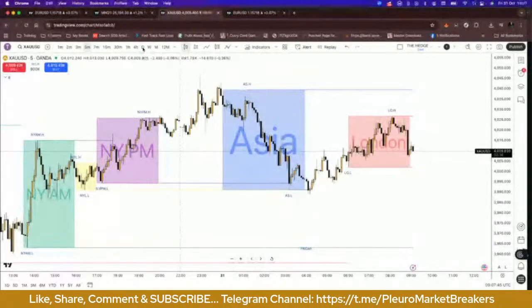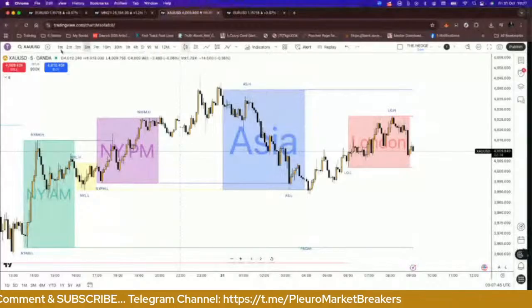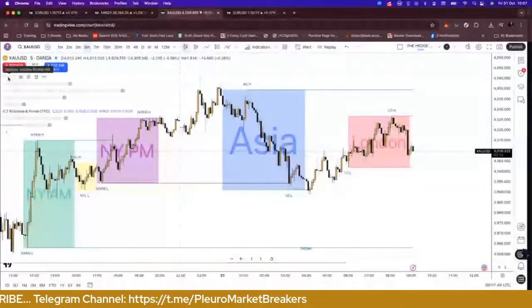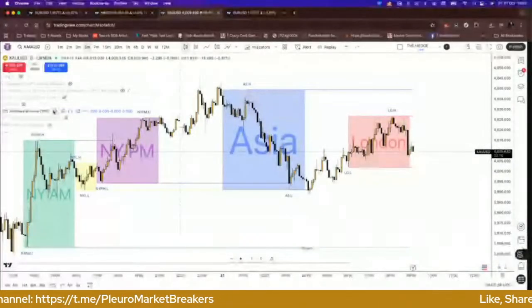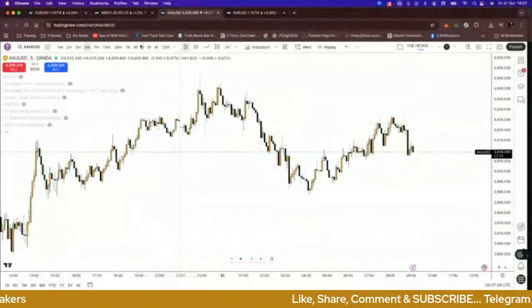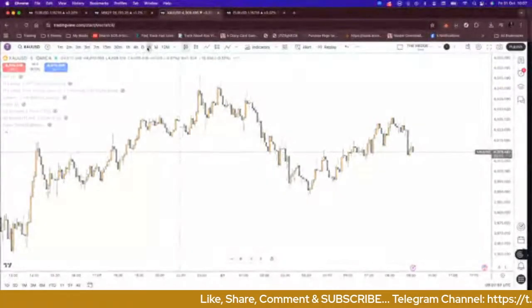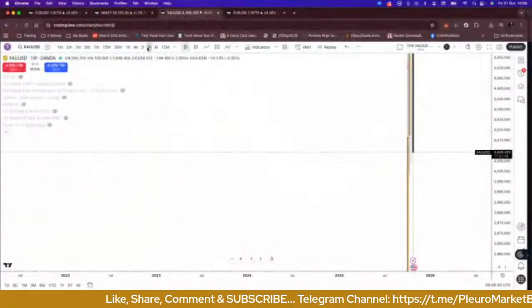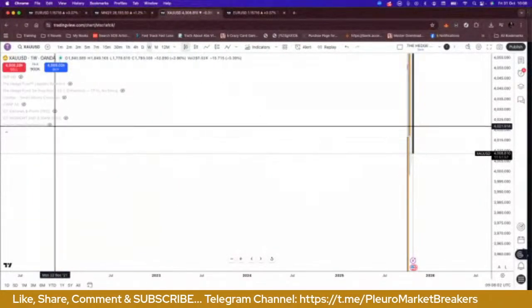So just bear with me. For those of you who have very clear ideas on gold, I'm doing this because Joshua asked me to. So I'm going to have to start all the way up at the weekly. But I haven't traded gold in weeks.